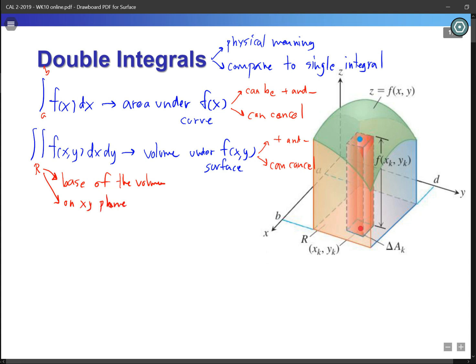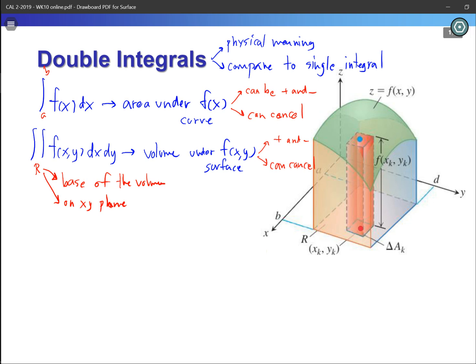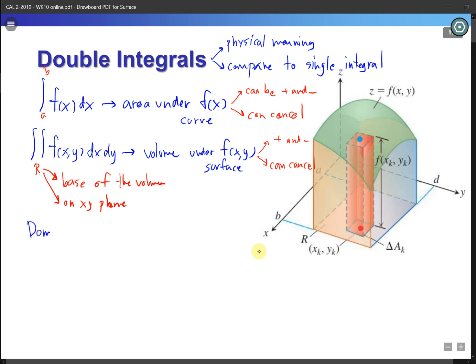So when it comes to this R, expect something on the XY plane. This R can be called by another name, and that is the domain of the double integral. And this is the same as R.